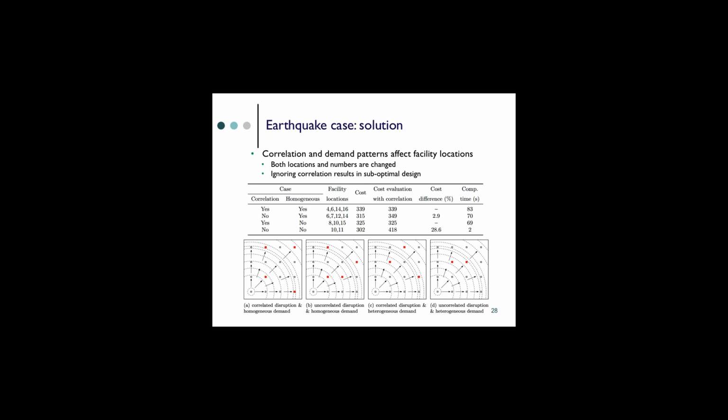If you build both of them, then that means if this one is disrupted, this one is possible to be disrupted as well. Then what's the meaning of building a facility here? So in the case with correlation, we no longer build a facility here. Instead, we move the facility to this place.